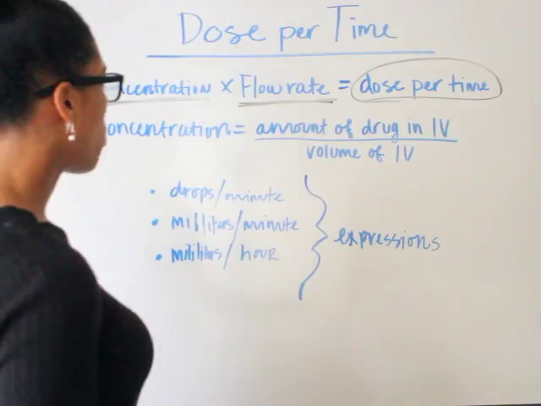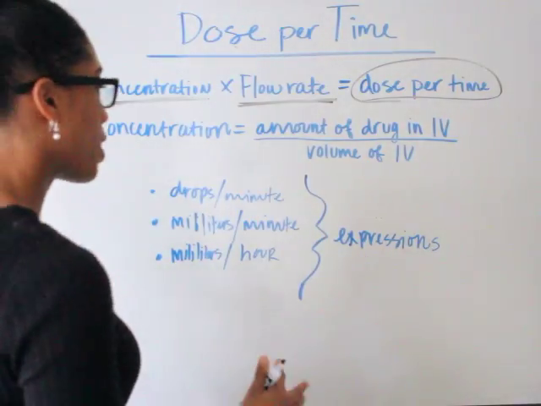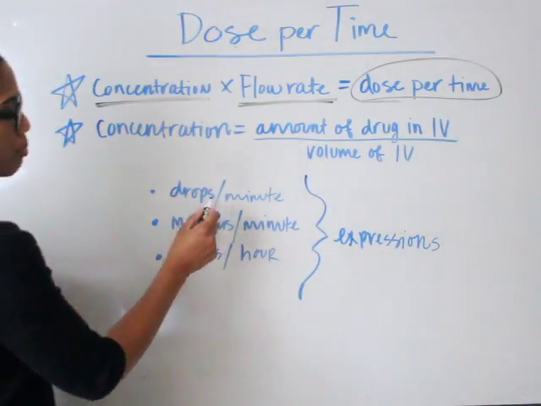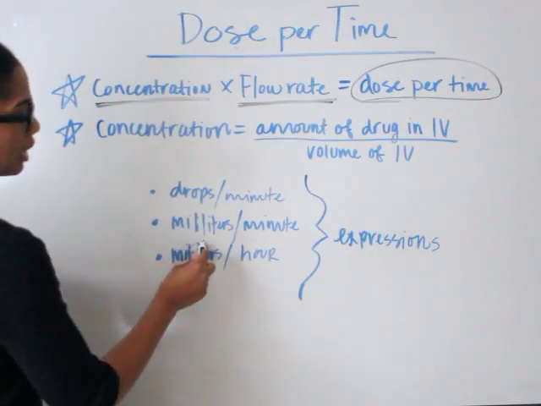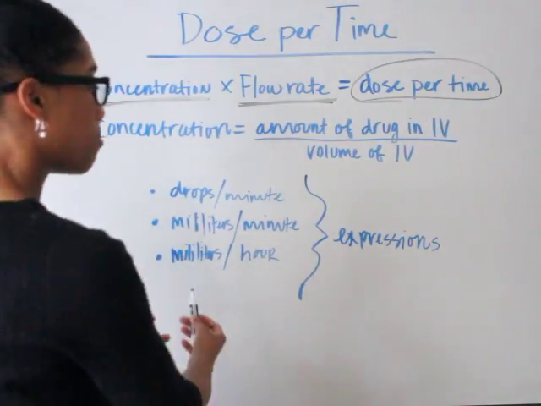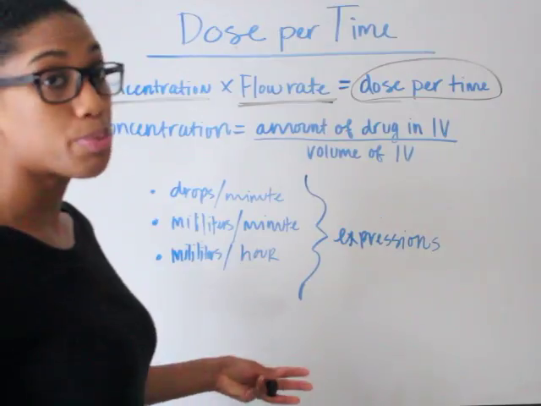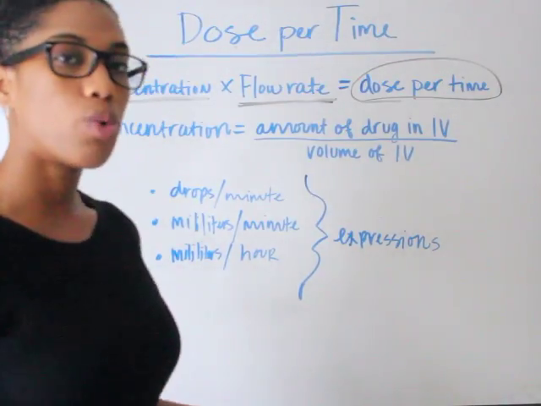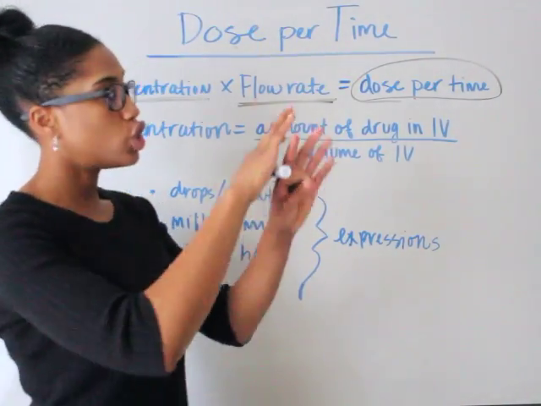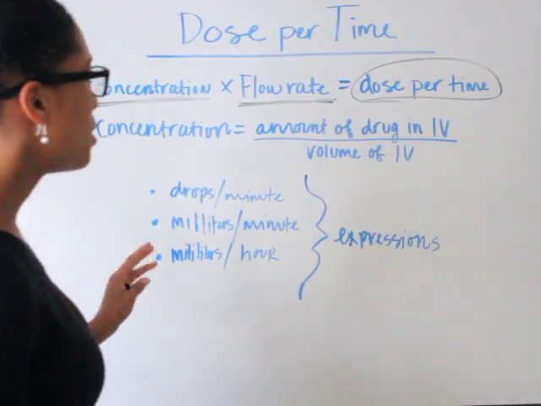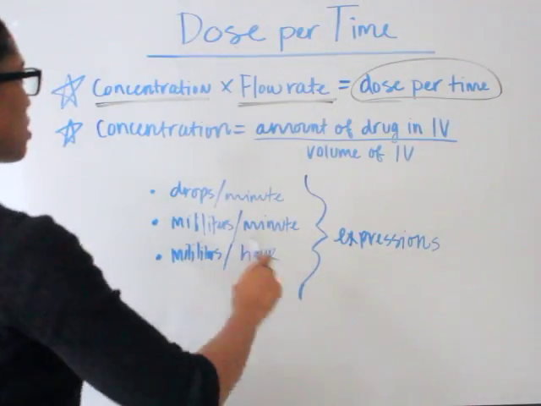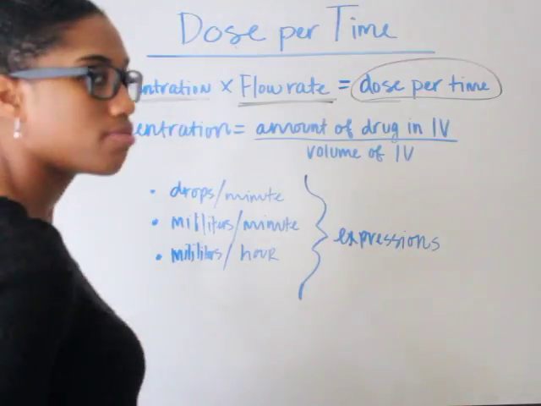And these can be expressed as drops per minute, milliliters per minute, milliliters per hour, or liters per hour. It really depends on what they're asking for, okay? So that's the general concept of dose per time. To calculate that, it's basically just the concentration times the flow rate, okay?